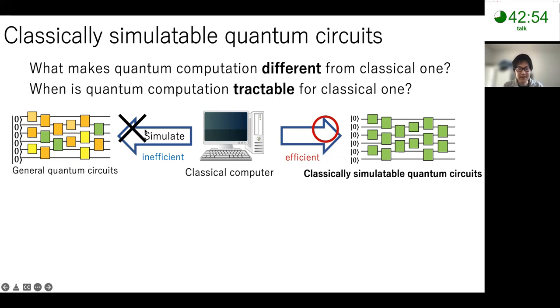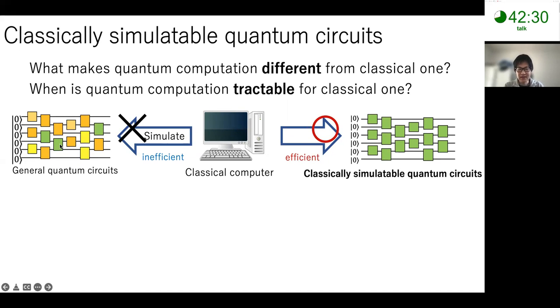What I mean is, in general, simulating a quantum circuit is a hard problem for classical computers, so they cannot simulate it efficiently in general. Otherwise, classical computers could solve the factoring problem or something like that.